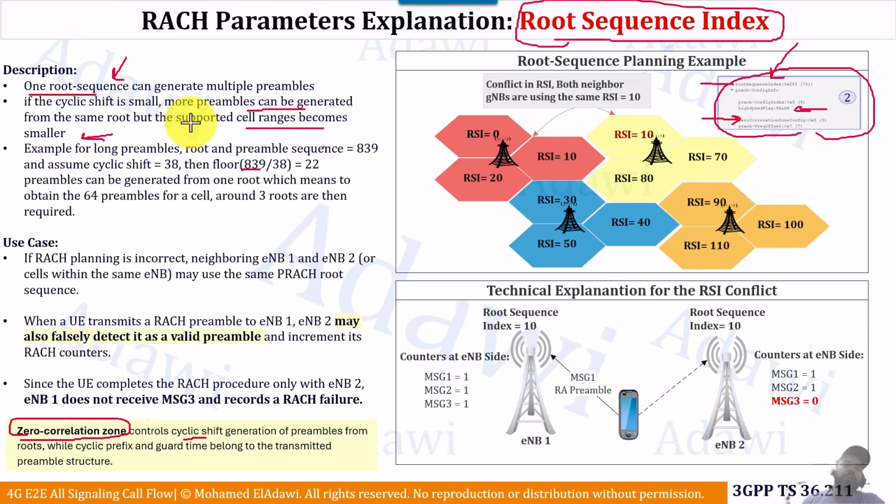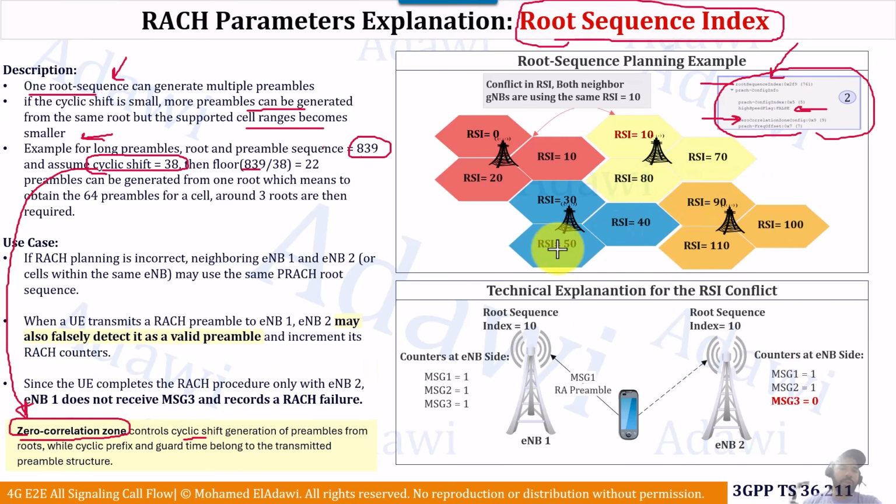If you have long preambles, the root sequence length and preamble length equal 839. We know that long preambles have up to 839 sequences, and the cyclic shift, for example, is defined as 38. The cyclic shift is mainly controlled by the zero correlation zone.